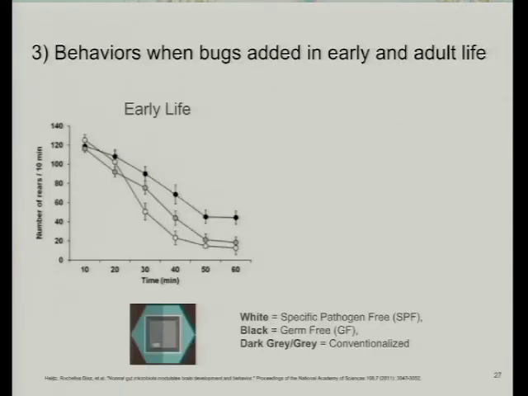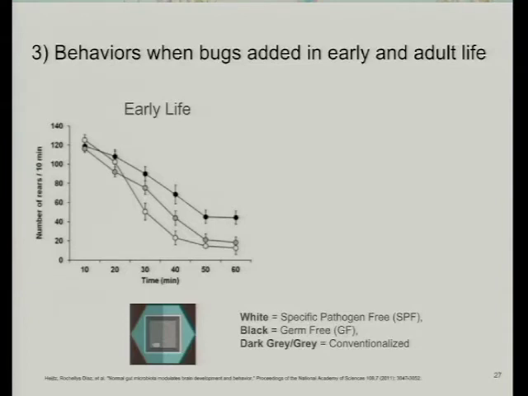So what this group did is they wanted to look at a possible developmental dependence of the gut microbiota. And so what they have are 3 groups of mice. They have germ-free mice, specific pathogen-free mice, and then what's called conventional mice, in which you start off with germ-free mice, and then you add in a normal bacteria colony later.